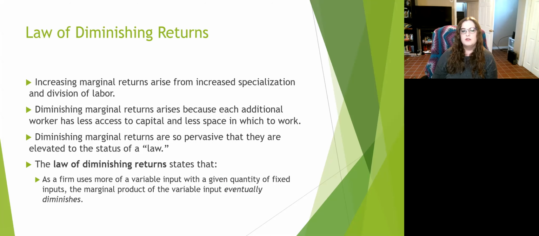So the law of diminishing returns states that as a firm uses more of a variable input, and variable input means something I can change, like the number of workers, with a given quantity of a fixed input, the oven, the marginal product of the variable input eventually diminishes. The more workers I throw in a bakery with one oven, the less helpful each additional baker is going to be.